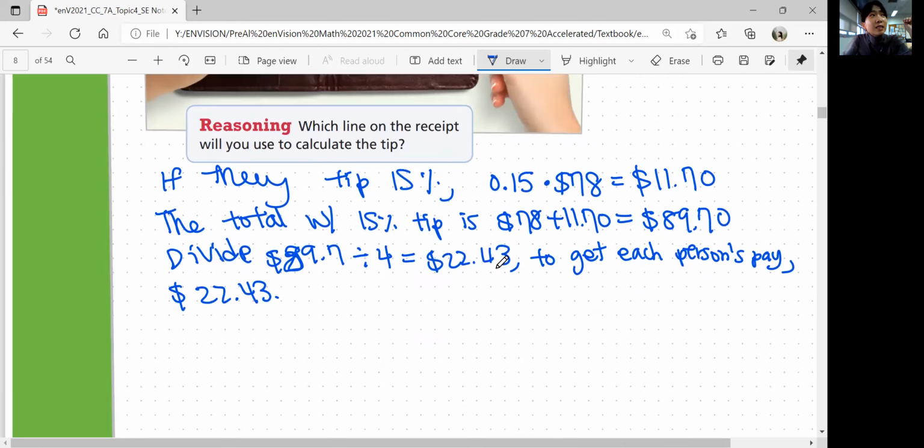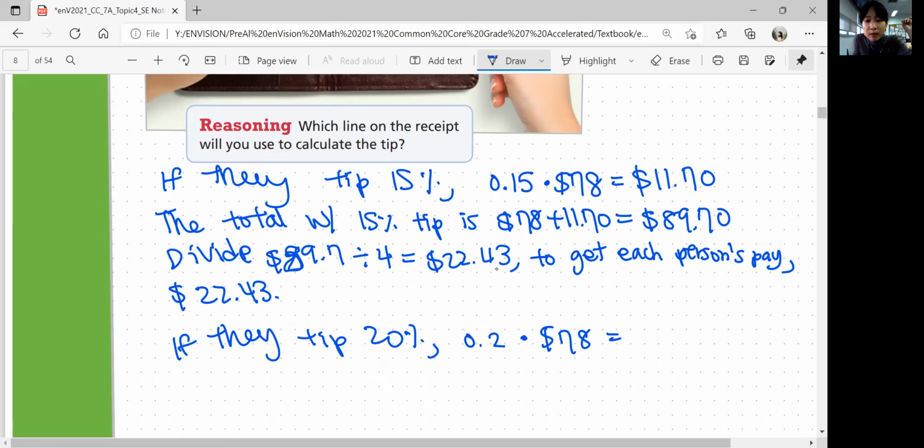Then you have to do the same thing. If they tip 20%, then you multiply 0.2 by 78. And what do you get? 15.6.